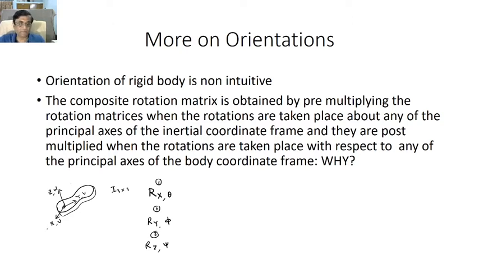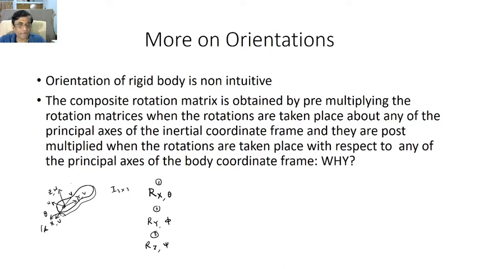So as you can see now, looking from here, you have rotated this body by an angle theta, and then its body coordinate frame is flipped like this. Then you have rotated about the y-axis of the inertial coordinate frame by an angle phi.